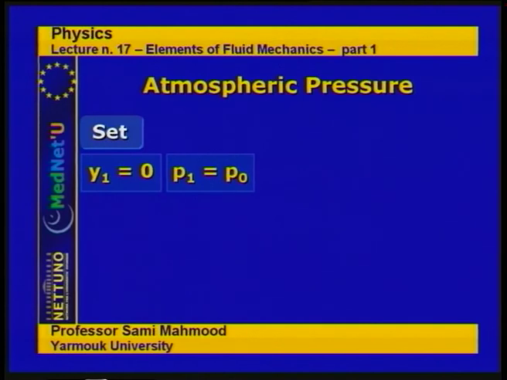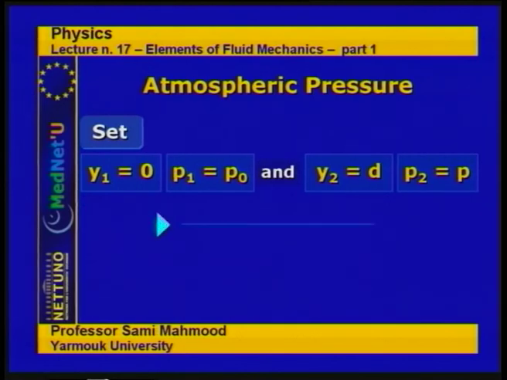That is a known quantity. Suppose that we want to know the atmospheric pressure at a height d above sea level, then we set y2 equal to d at that point where we want to measure the pressure, and we call the pressure at that point P2 equals P.